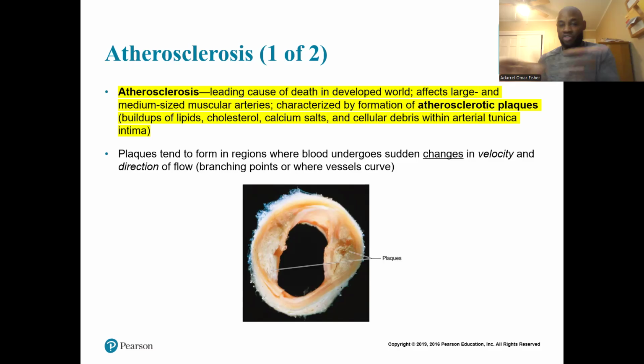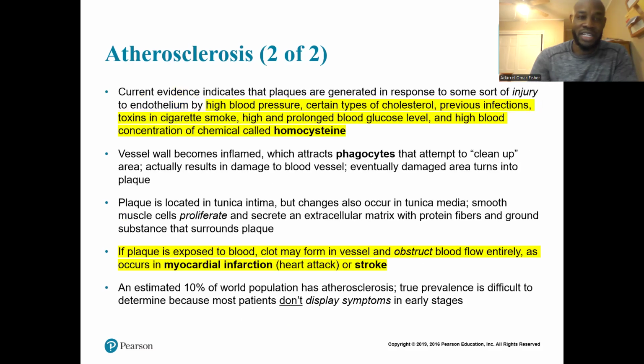Therefore, your blood can't flow where it's supposed to go. When blood doesn't go where it's supposed to go, that means oxygen doesn't go where it's supposed to go. That means nutrients don't go where they're supposed to go. Obviously, that can lead to all types of issues. When parts of your body do not get the proper oxygen and nutrients, they die, right?